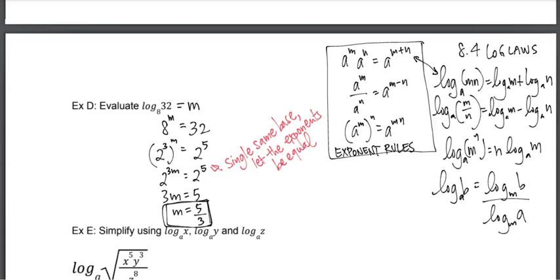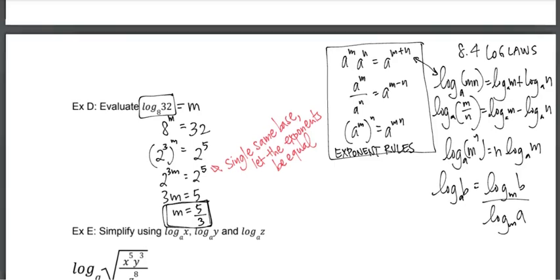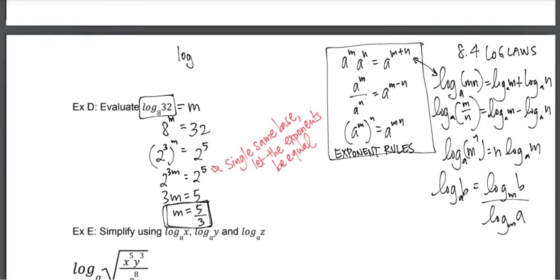So log base 8 of 32, because my calculator and most calculators only have base 10, remember that if you see just log without a base sitting there, it's secretly base 10. So you can actually rewrite log base 8 of 32 as log base 10 of 32 over log base 10 of 8. And you can type that into your calculator and find that answer.